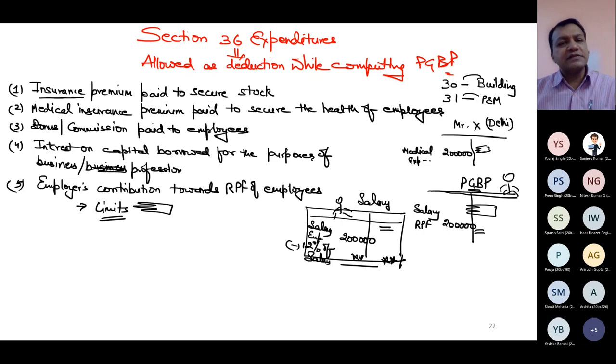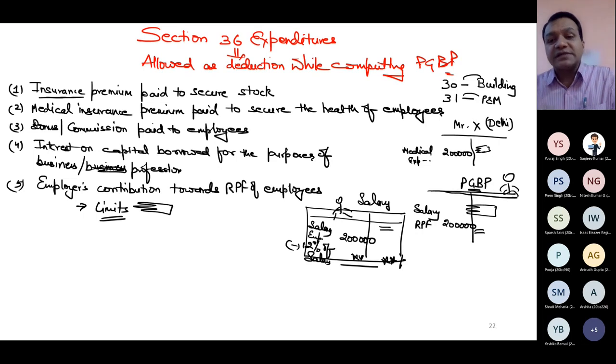By default, we will assume that it is within the limits of recognized provident fund. Those limits are beyond the scope of semester 3. You have to assume that these are within the limits.